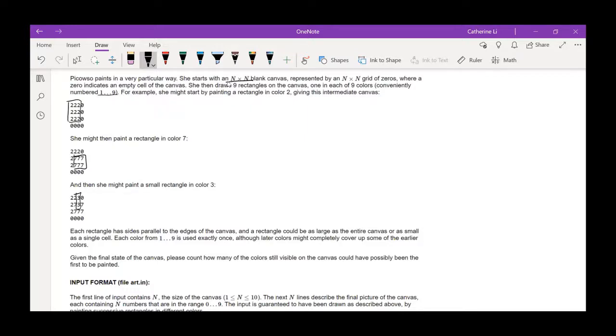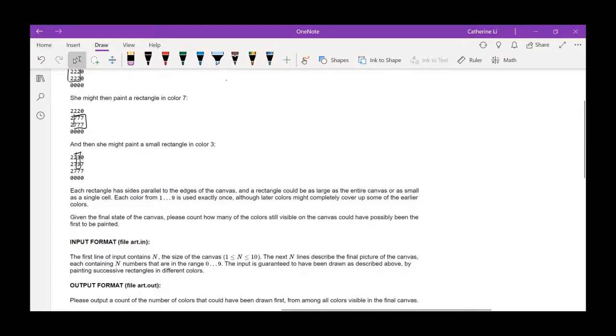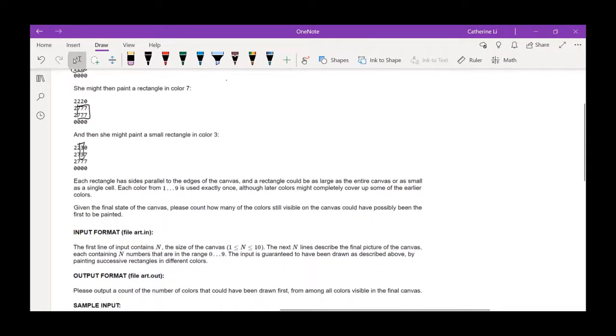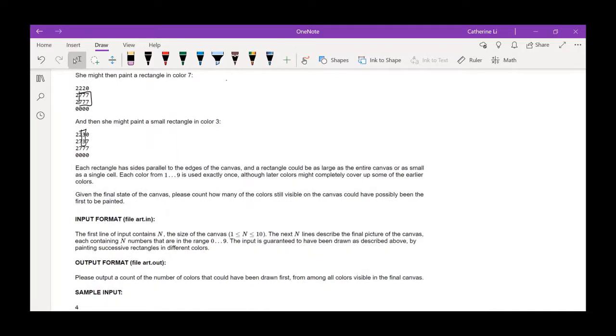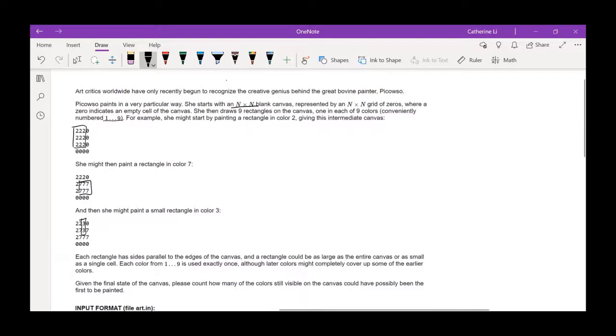So we have 1 through 9. And we're asked how many of the colors that are on the canvas that you can see could have been the first thing that was painted. So n is pretty small, it's only 10. And yeah, we're just gonna try to find which colors can be painted first.